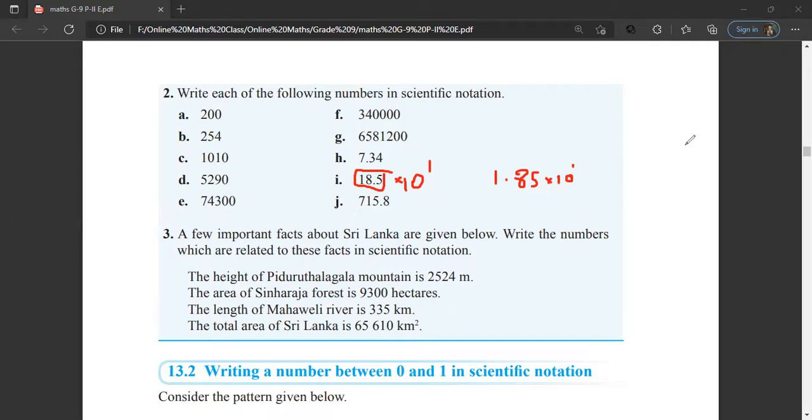7.158 into 10 to the power 2. Yes, your answer is correct, right? Third one, 2.524 into 10 to the power 3.